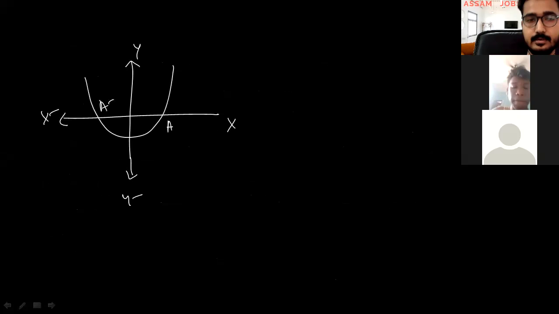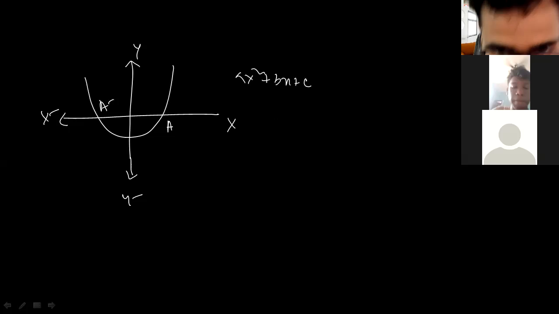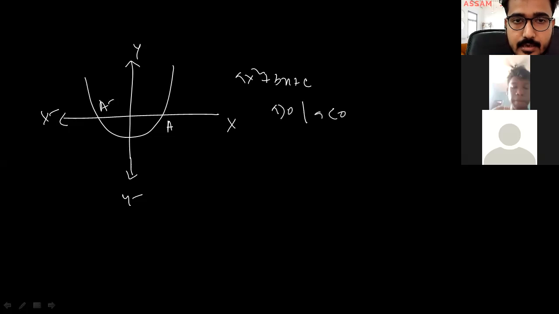Now see, this is an upward parabola. So since it is an upward parabola, after looking at the graph, we can say that ax square plus bx plus c is a quadratic polynomial, and here the value of a will be greater than 0 or less than 0. Tell me, here is the value of a greater than 0 or less than 0?